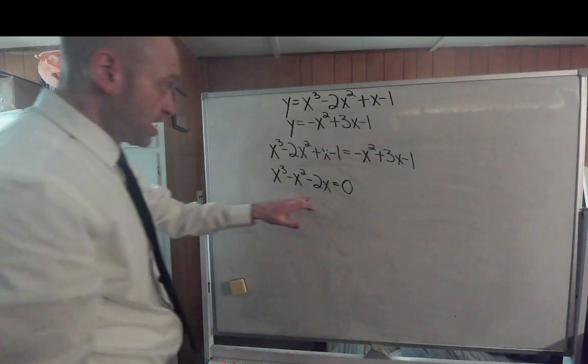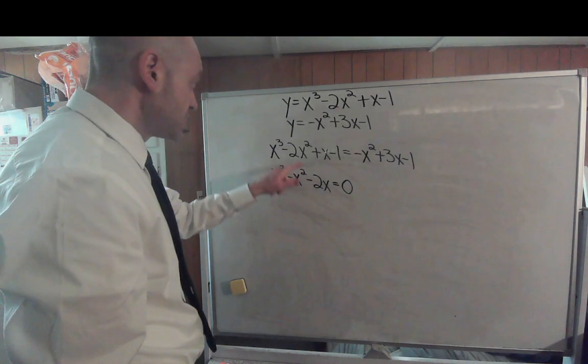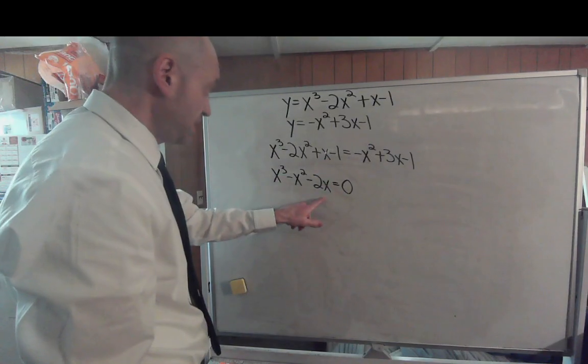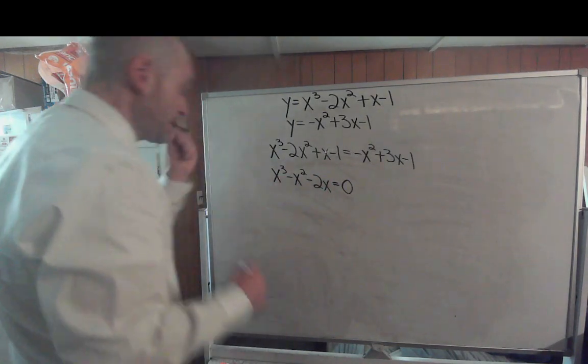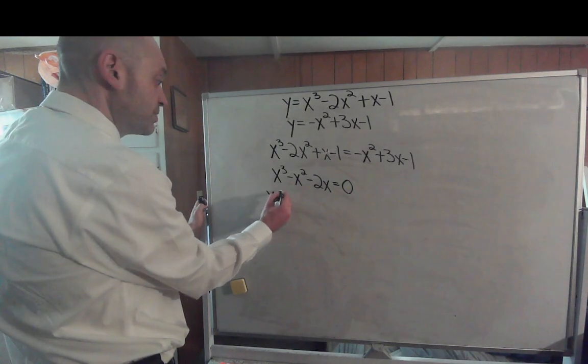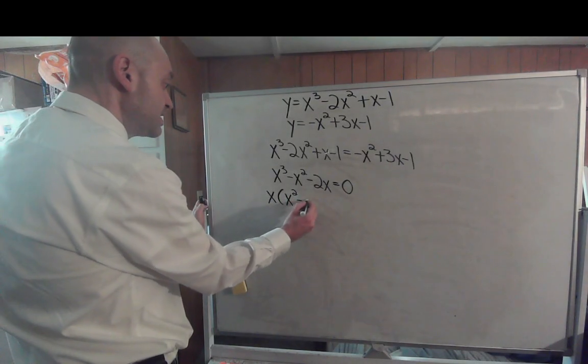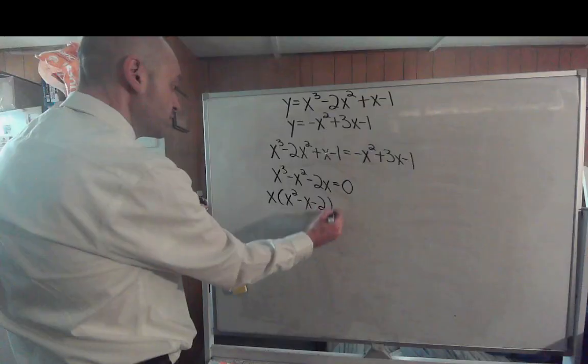Let me just make sure I added right. Yeah, okay. Well, we could definitely factor out a common x from this. You'll end up with x times (x squared minus x minus 2).